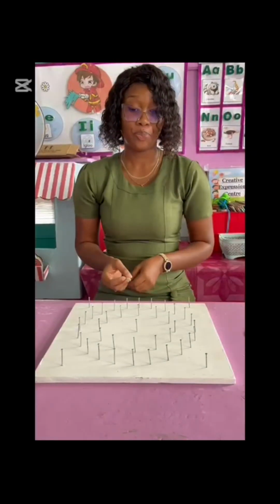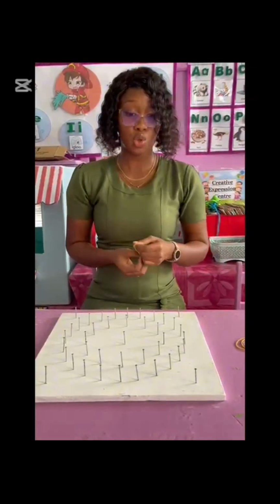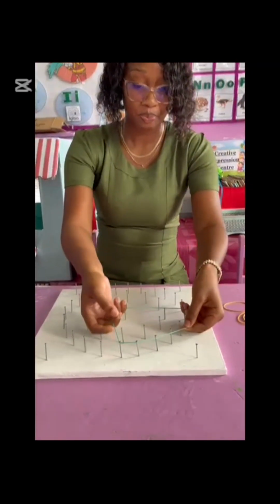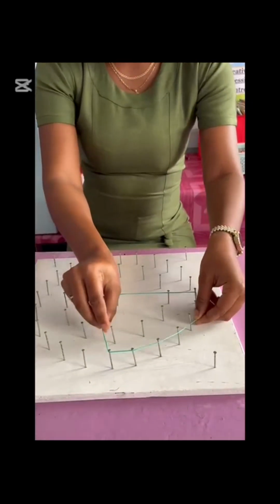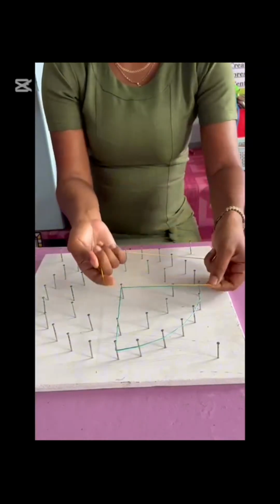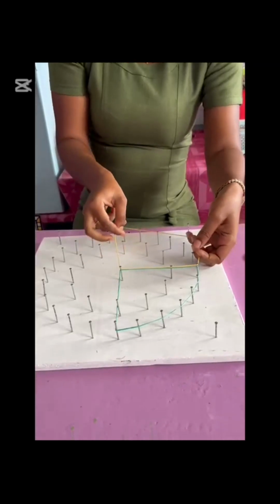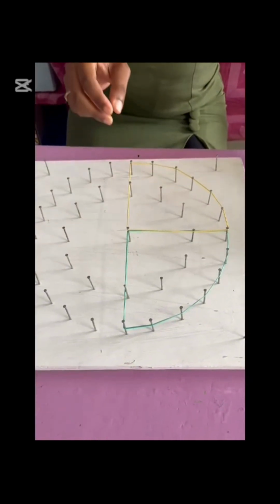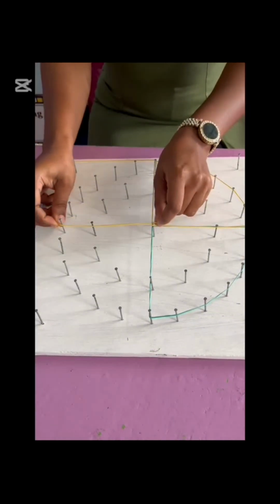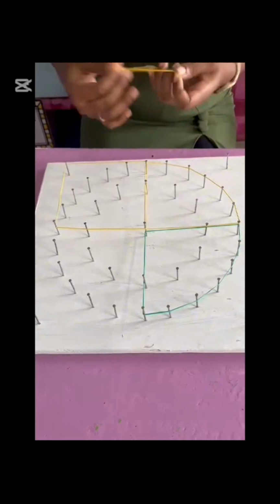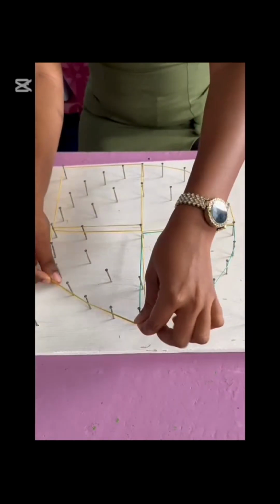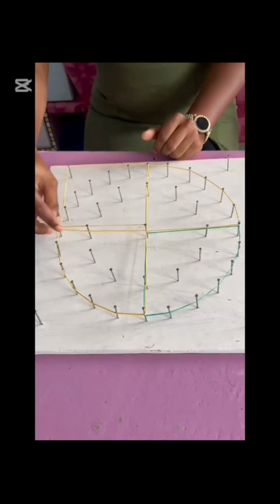Next we are on to grade 2. Now we can have the children use rubber bands on the pegs to represent fractions, like this. We can have them show quarter, half, 3/4, and also whole, using the geoboard.